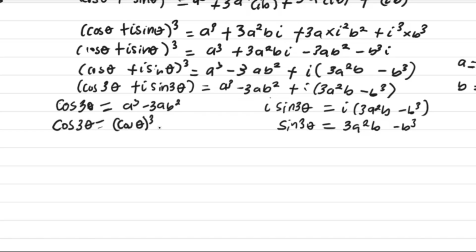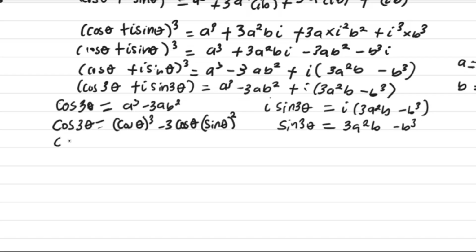So from here, cos 3 theta is going to give us a raised to power 3, cos theta raised to power of 3, minus 3 cos theta, our b, sine theta raised to power of 2.